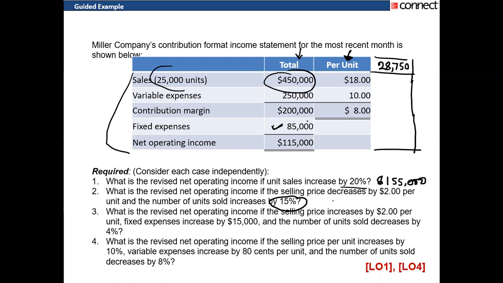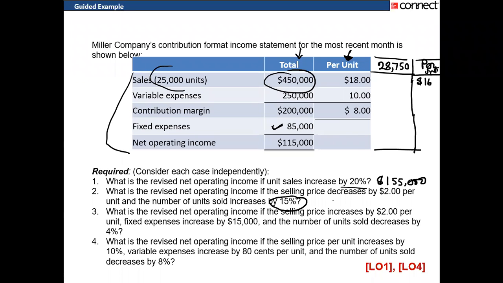It is asking the selling price will not remain same with the previous case, rather selling price will decrease by $2 per unit. So if selling price decreases by $2 per unit, what will be the revised selling price? It is 18, it is 16, or it is 20? It is $16 per unit. Let me write the per unit number here.